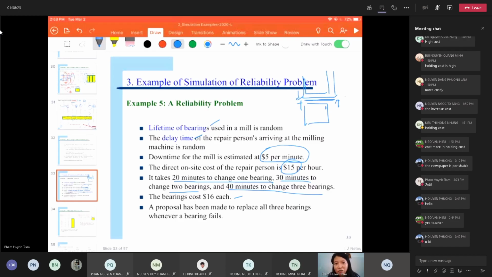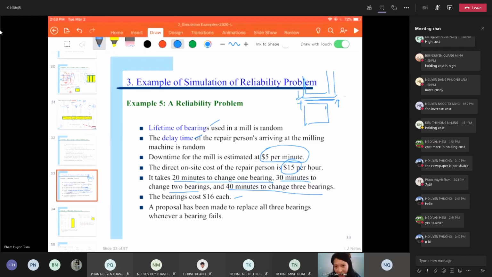But if you open the machine 1 time and replace all 3 bearings at that time, it costs you only 40 minutes. So he's thinking that maybe when one bearing fails, we should replace all 3 bearings.